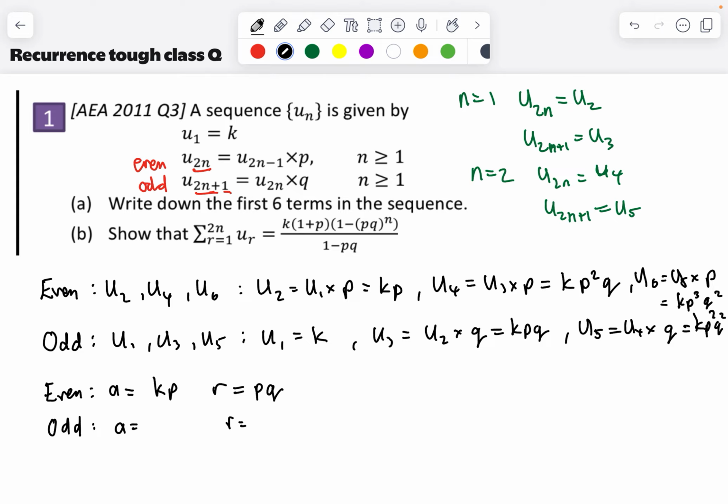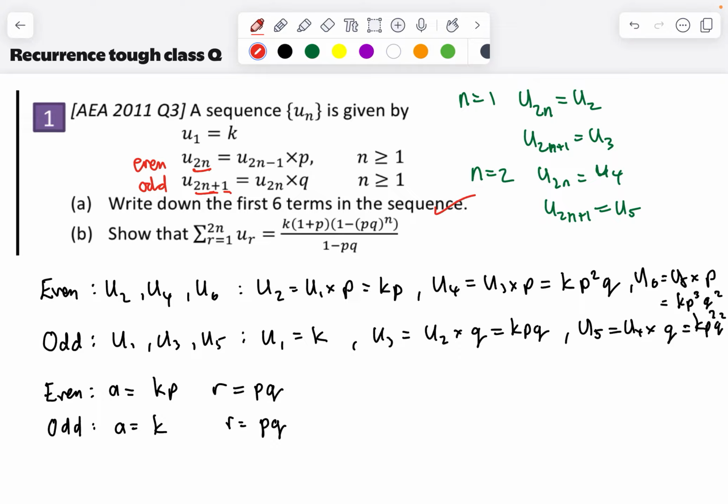For the odds, our first term is k, and you can see the next term is kpq, and then kp squared q squared. So again, we're multiplying by pq. Now we've got our first 6 terms.